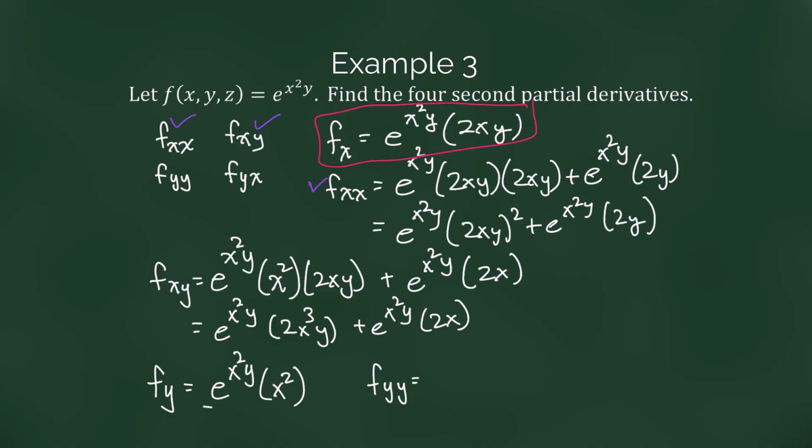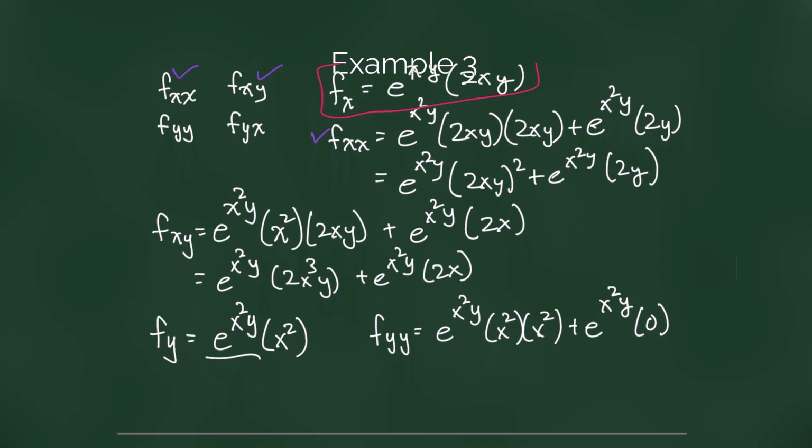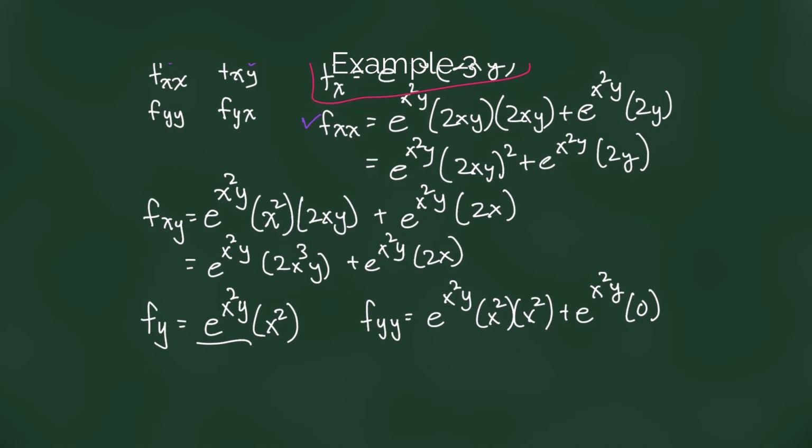So I'm going to take the derivative of the first piece, e to the x squared y, times the derivative of y, which is x squared, times the second piece, plus the first part of the function times the derivative of the second with respect to y, which is 0. So that actually drops out. So I thought about that incorrectly. That's not really a product when we're thinking about it in terms of y, because the second term is just a constant. So here we get x to the 4th e to the x squared y.